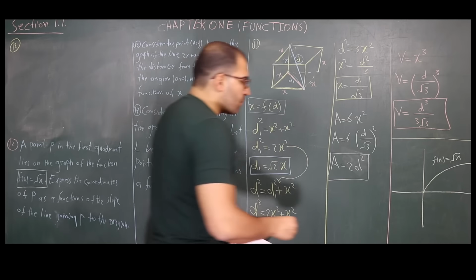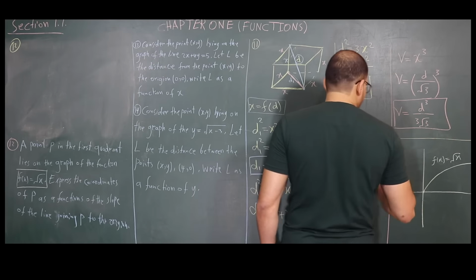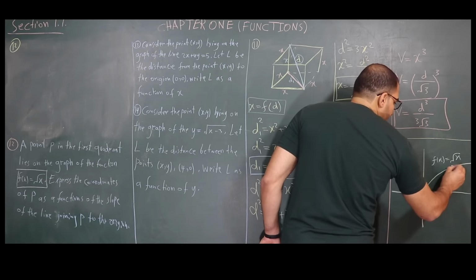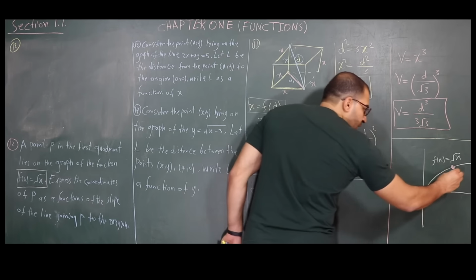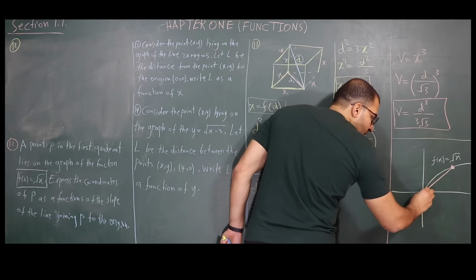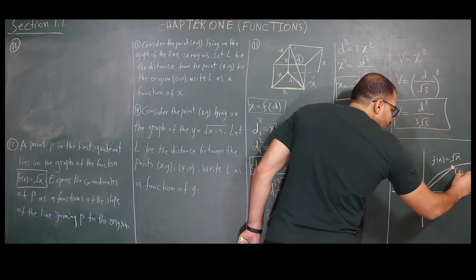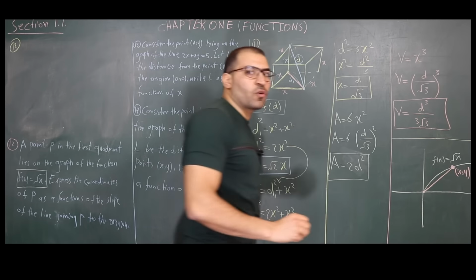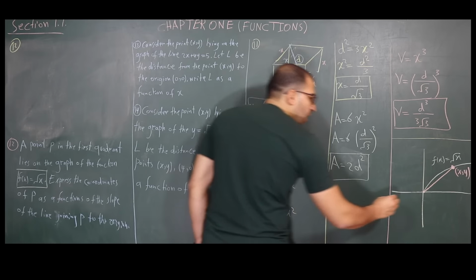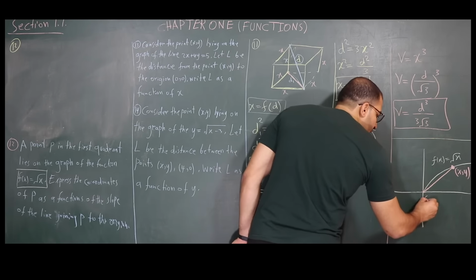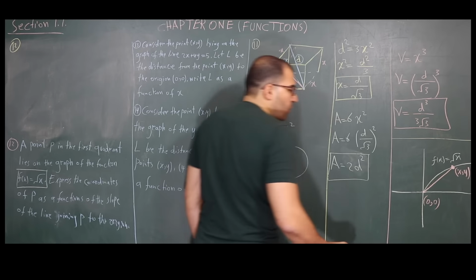So imagine that we have P here, just a point. And we have a line that connects this point, which has x and y as its coordinates, and the origin, which is (0, 0).